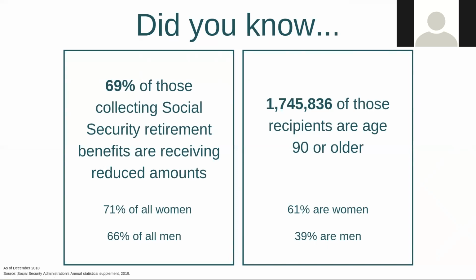When I say filing early, that means filing at any point prior to your full retirement age, okay? And in this example, you see that 69% of all current recipients of Social Security benefits are receiving some form of a reduced benefit because they filed early, okay?